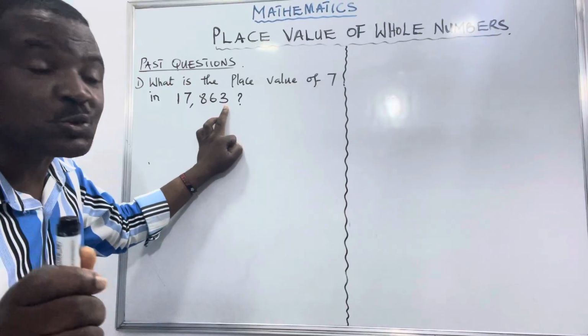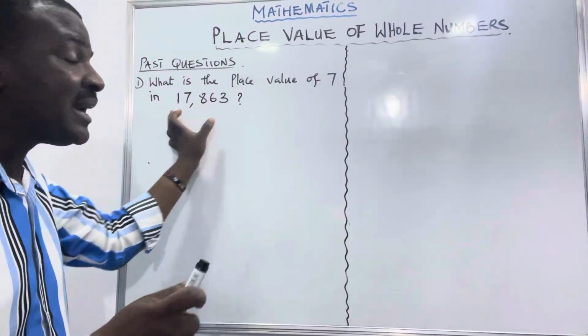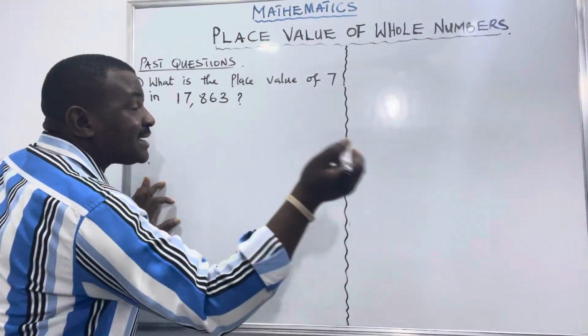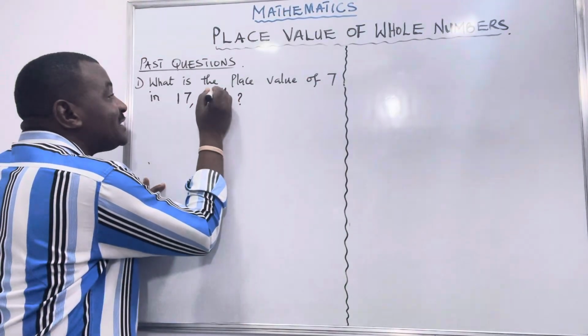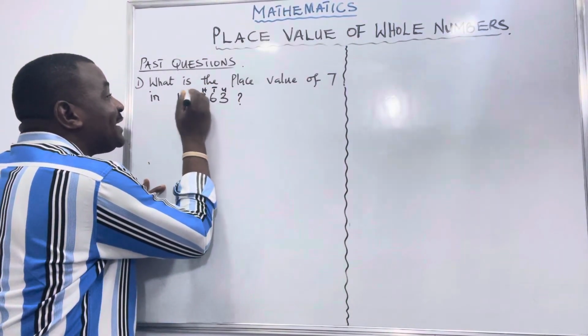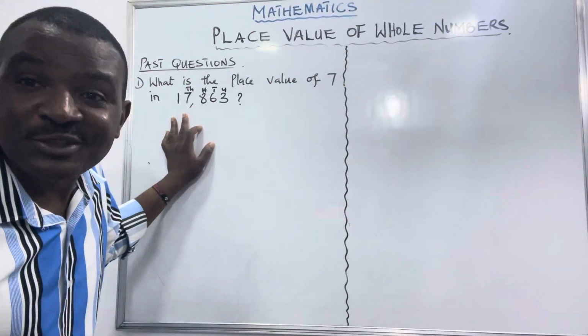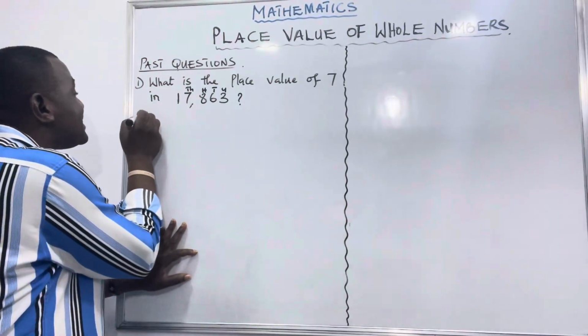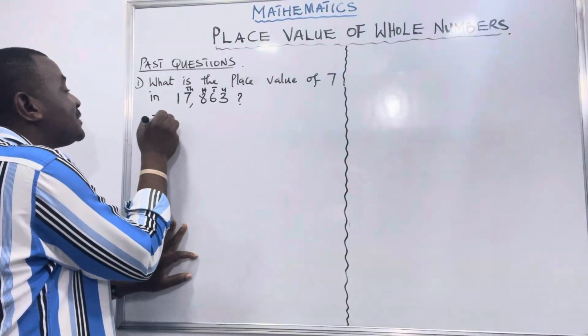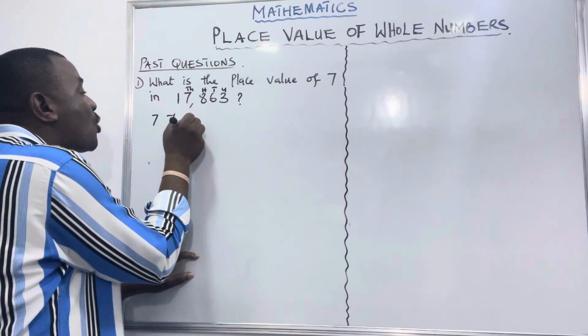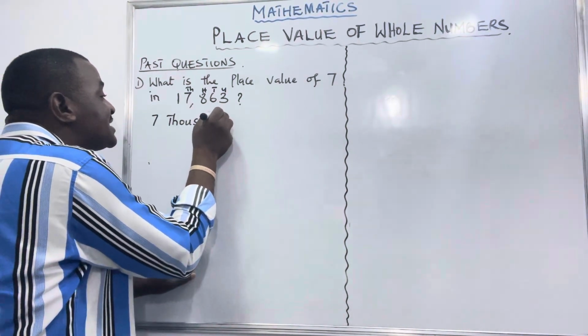Take your pencil, write on that number, do your words from the right hand side. Units, tens, 100, 1,000. So the answer is what? 7,000.